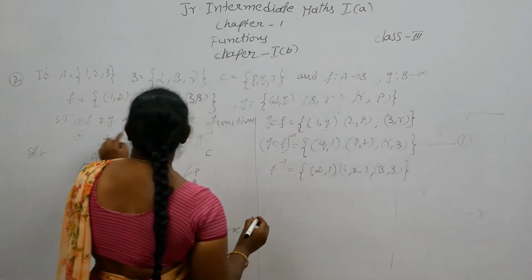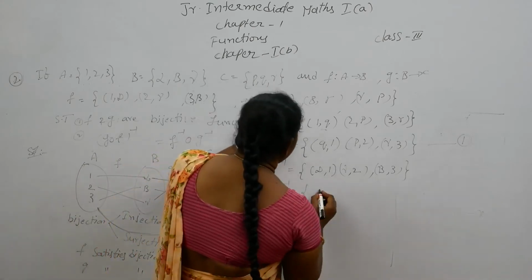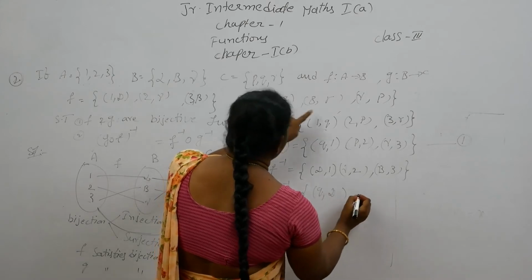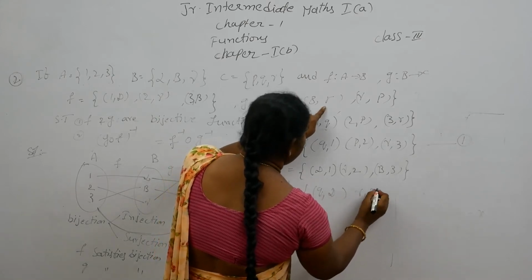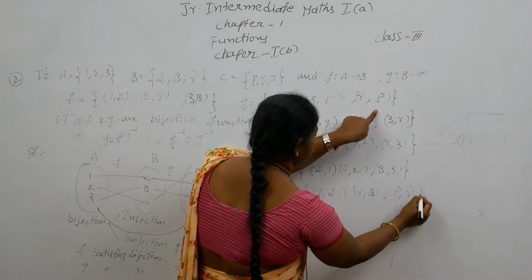And g inverse equal to set of ordered pairs q comma alpha and r comma beta and p comma gamma.